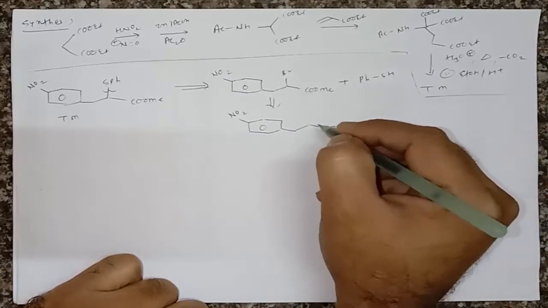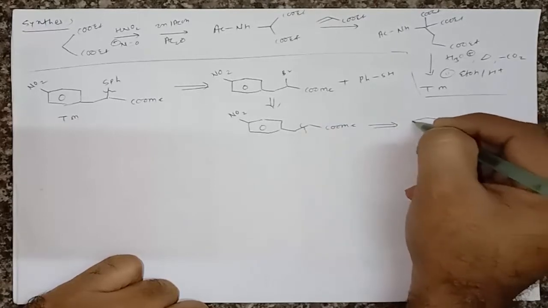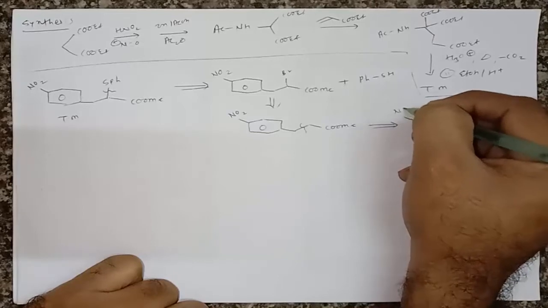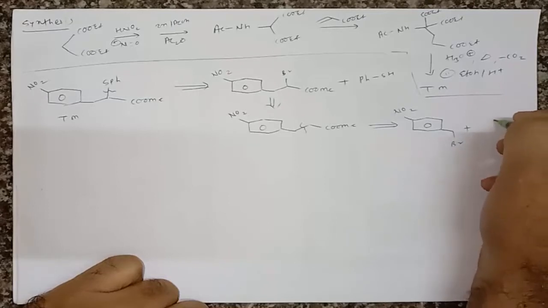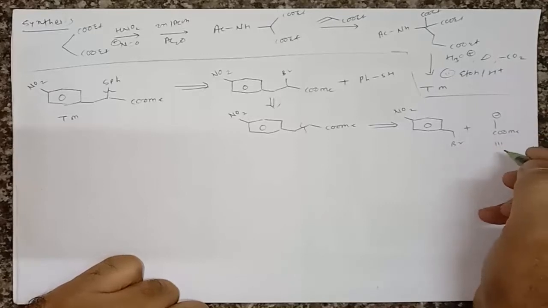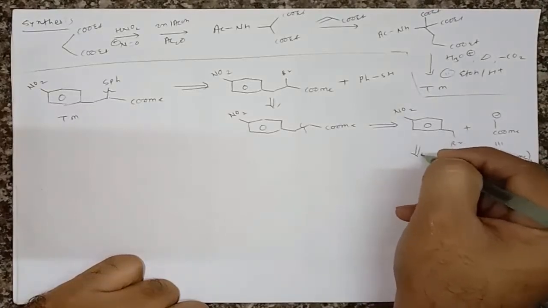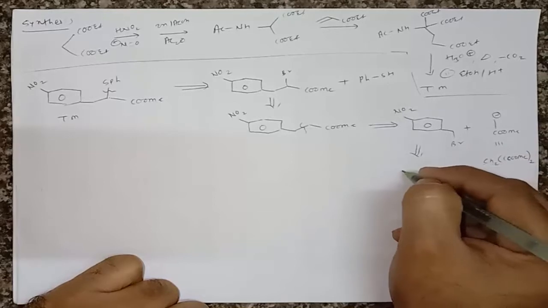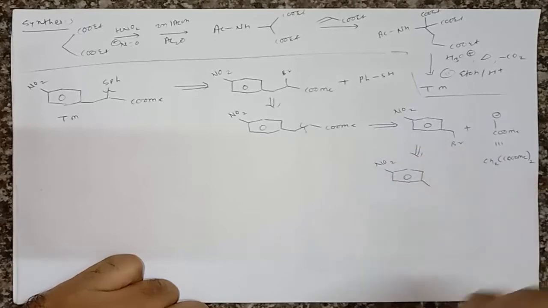So this molecule can also be broken at this position, and after breaking at this position it gives an NO2 group here and CH2Br, along with a negative ion and COOMe, and its synthetic equivalent after activation will be CH2, then COOMe twice, right? And then it can also be prepared using this para-nitro compound, right, in this way.